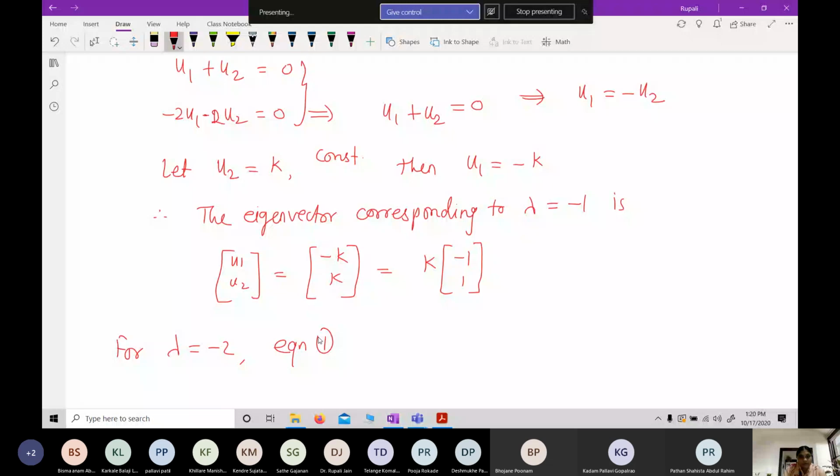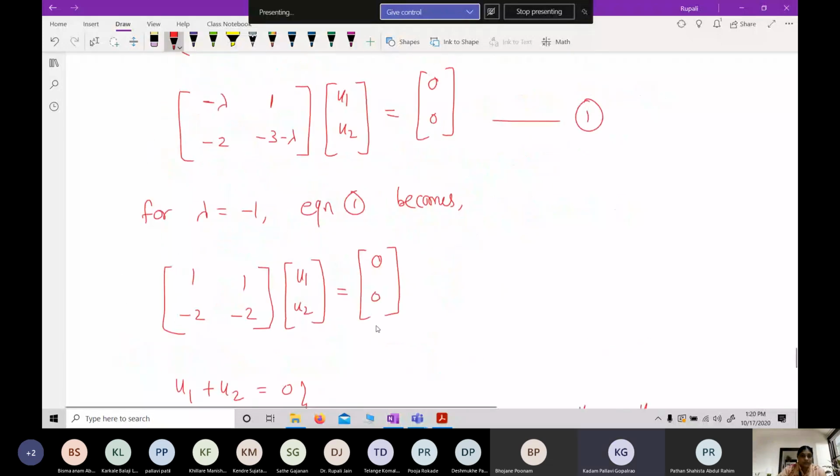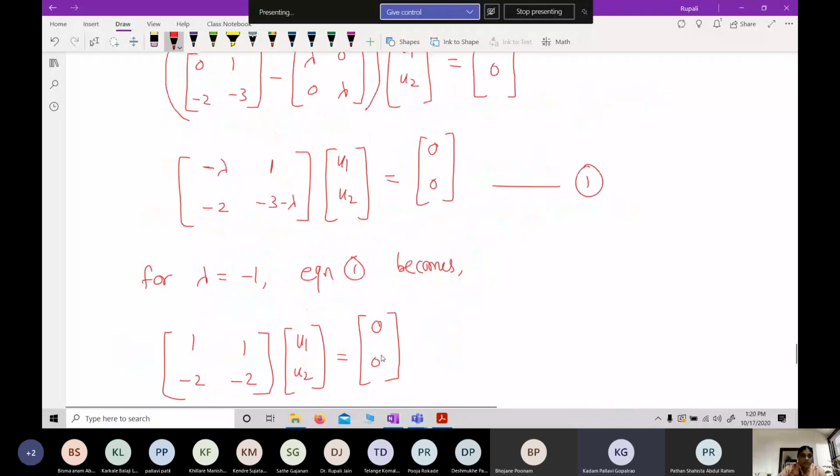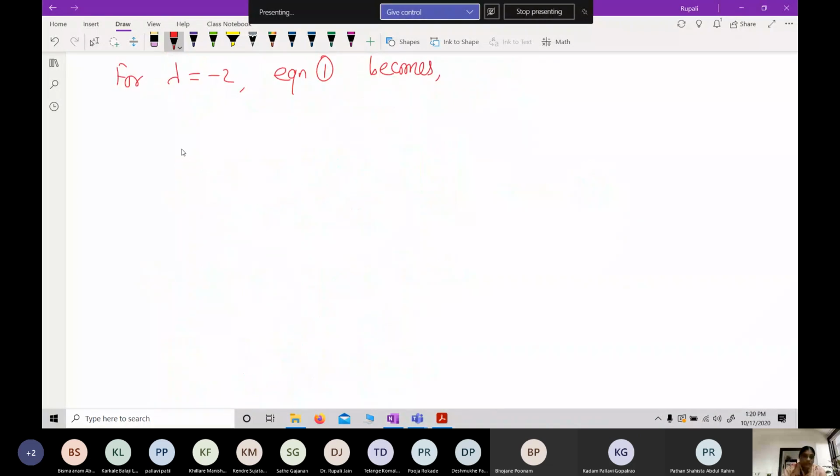Equation 1 becomes 2, 1, minus 2, minus 1, times u1, u2 equals 0, 0.